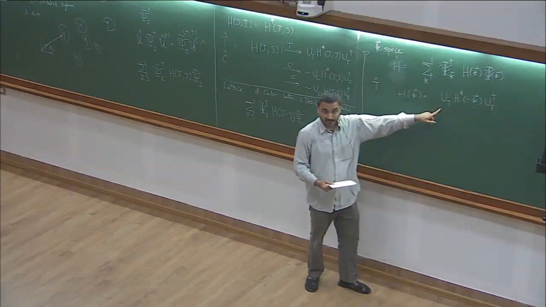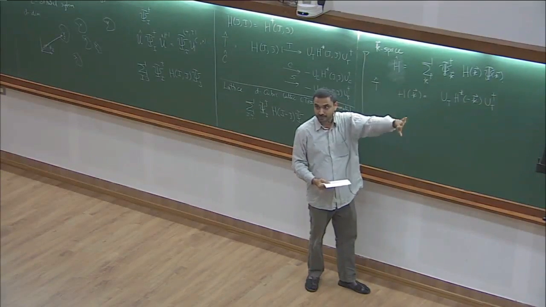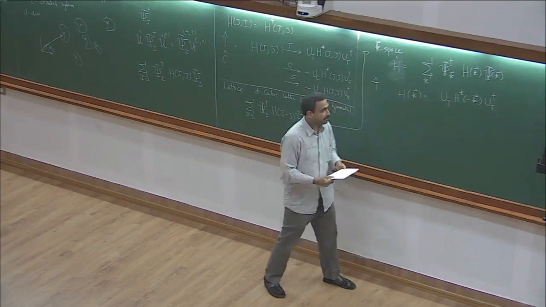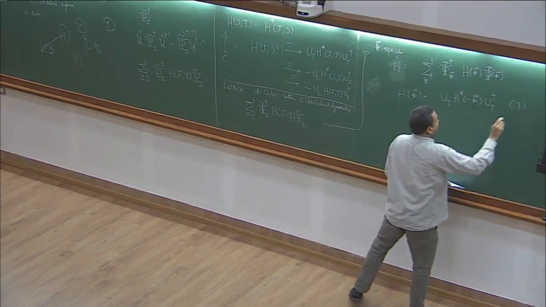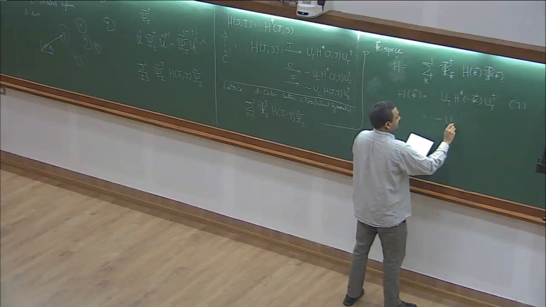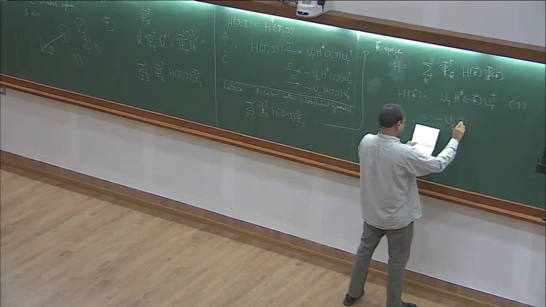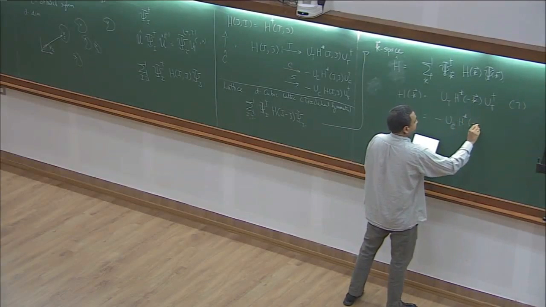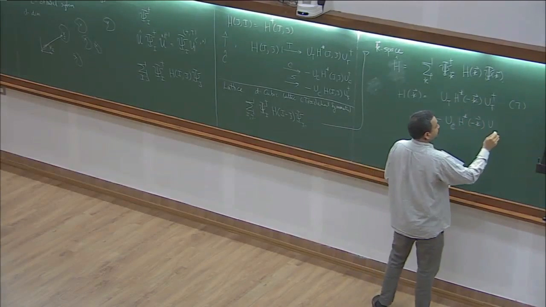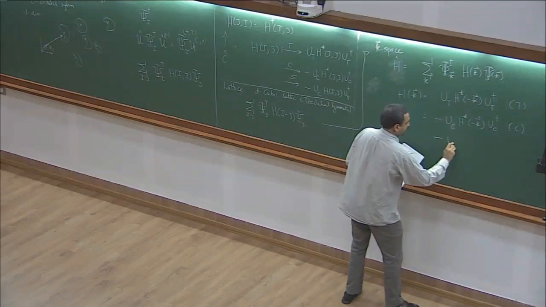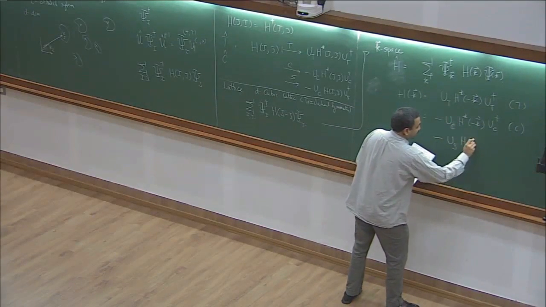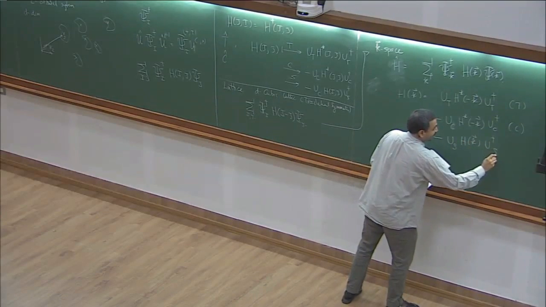You have actually seen this; Jay has shown this many times throughout his talk. If it is C, you will again see that there is a UC here, and then there is an H star minus k again, and UC dagger. This is for C, and then you will see that there is a US Hk US dagger.